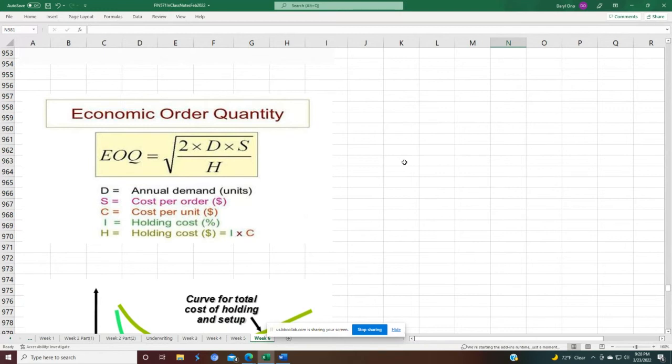All of that divided by H, the carrying cost or the warehousing cost per unit. So S, every time you place an order, how much does that cost? That's basically all the costs of procurement. And H is for this one item, how much does it cost to warehouse this one item?